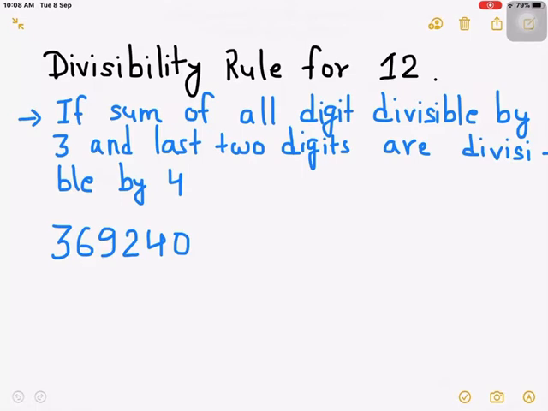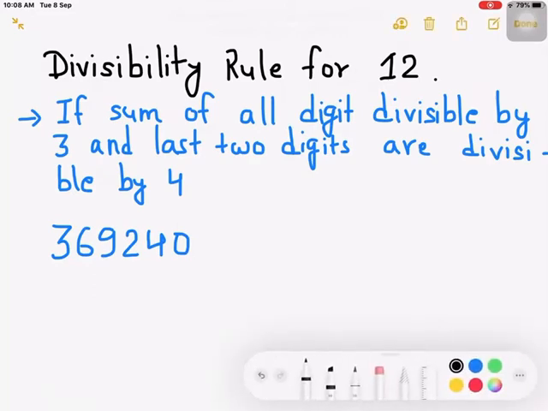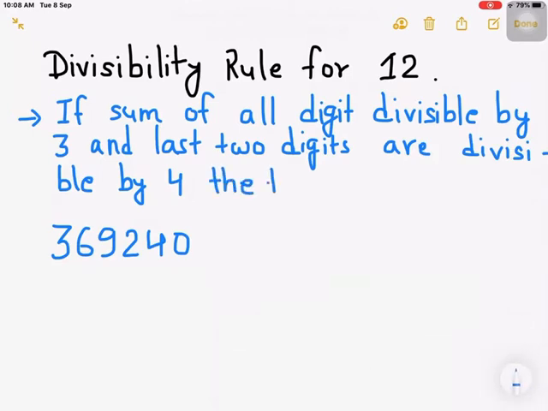If the sum of all digits is divisible by 3 and the last two digits are divisible by 4, then what happens? Then the number is divisible by 12.